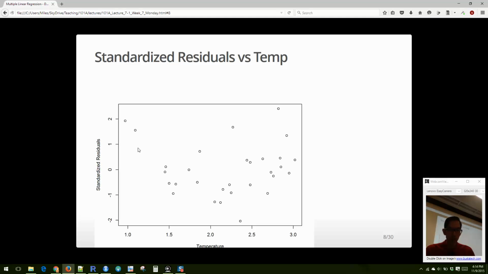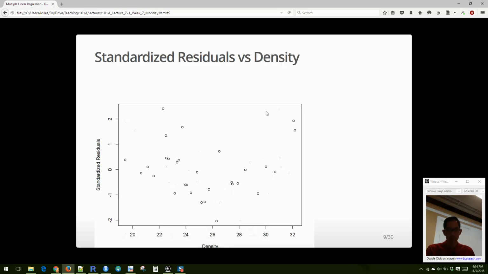Here I think we're starting to see maybe a little bit of a V-shape taking effect. Again, it's not super clear, but overall there does seem to be some kind of V-shape.